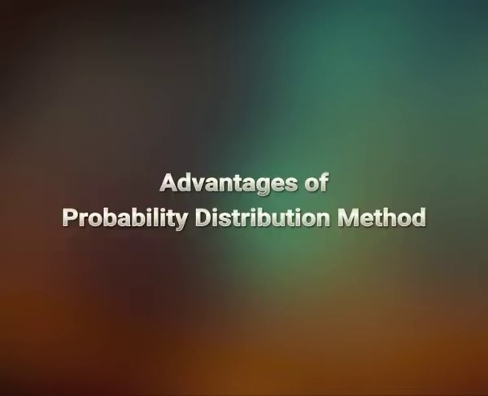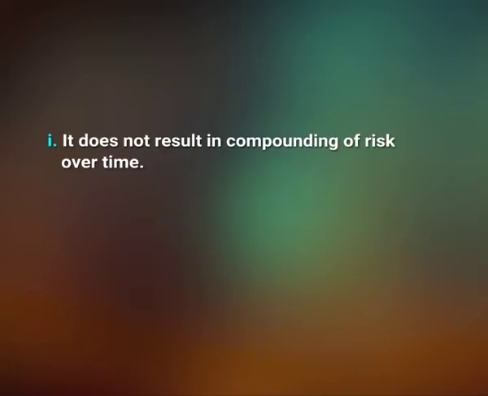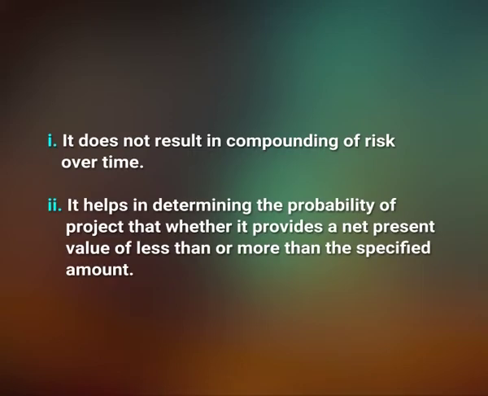Now we will see the advantages of the probability distribution method. The first advantage is it does not result in compounding of risk over time. Second, it helps in determining the probability of a project, that is whether it provides a net present value of less than or more than the specified amount.